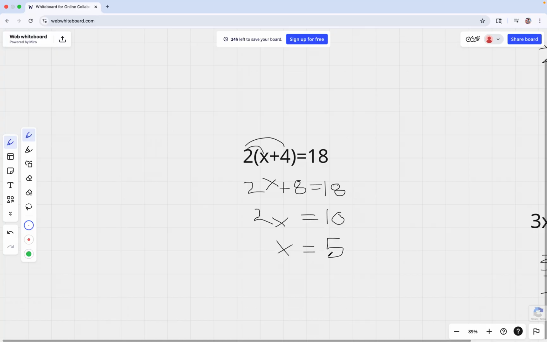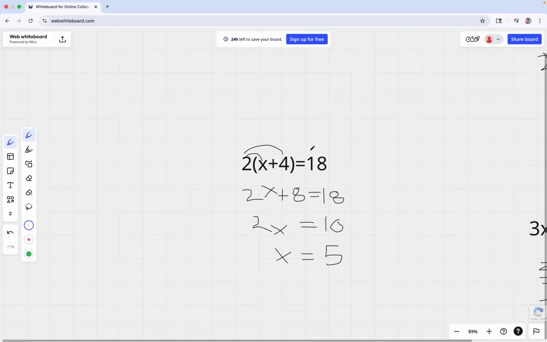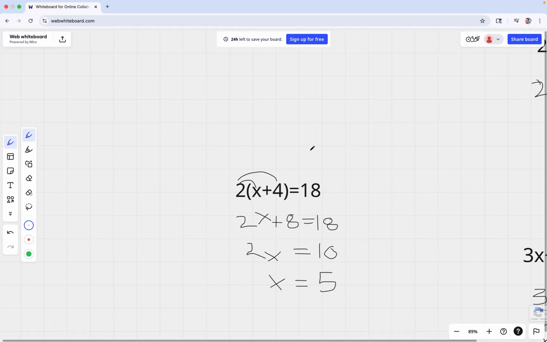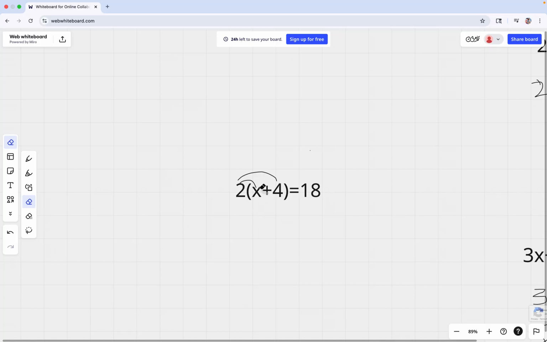The other way is also somewhat like this, but it's a little different. Instead of doing all this, I'll just erase this real quick, so you guys don't get confused. Sometimes for some people, the distributive property might be a little confusing.